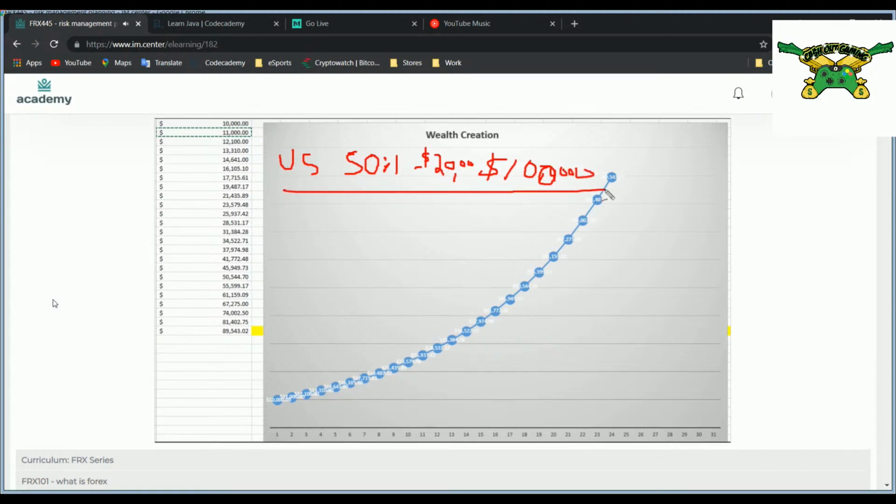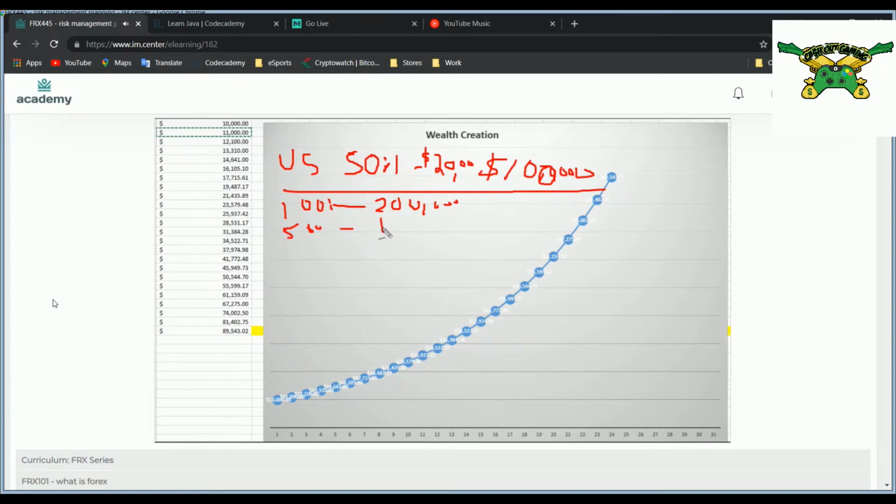Now there are brokers that allow 100 to 1, and you have 200,000. And then you got brokers that give 500 to 1, which really is not the best to do.